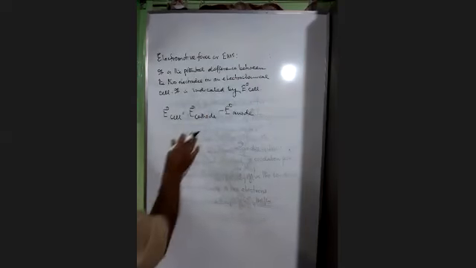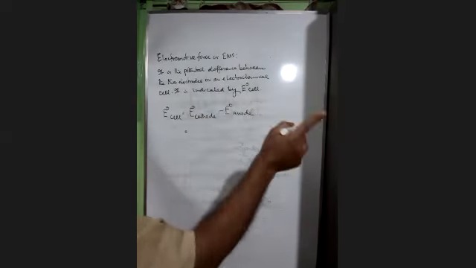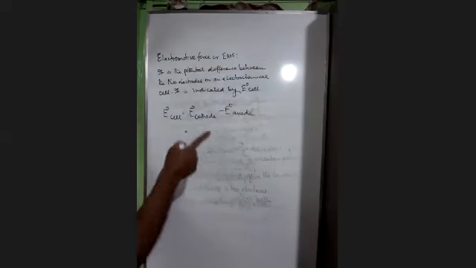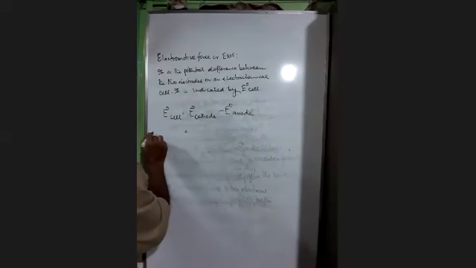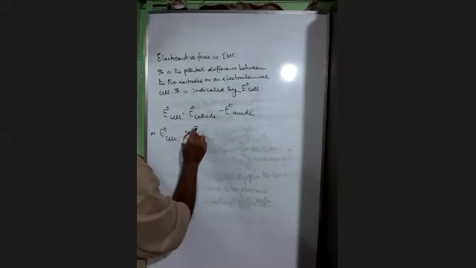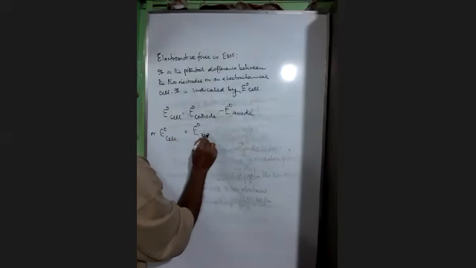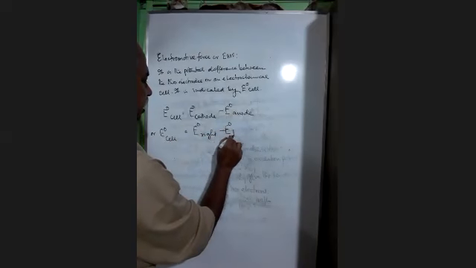Or we know that the cathode is always on the right and the anode is always on the left, so we can write E0 cell is equal to E0 right minus E0 left.